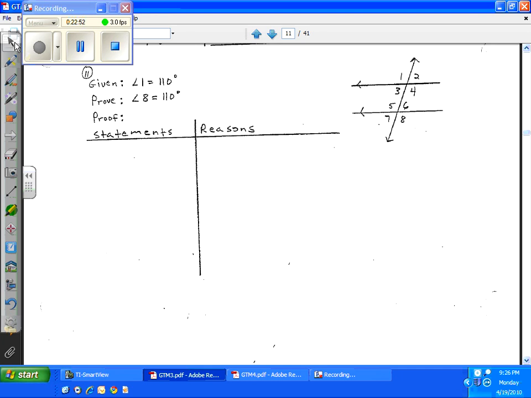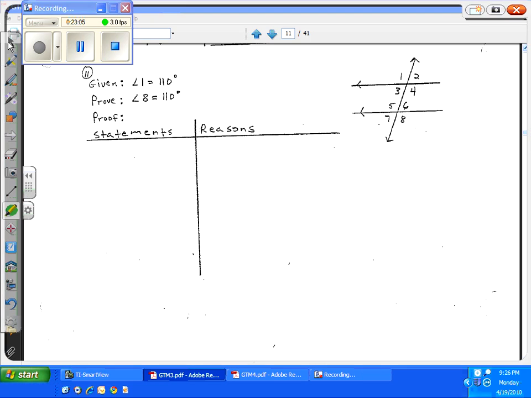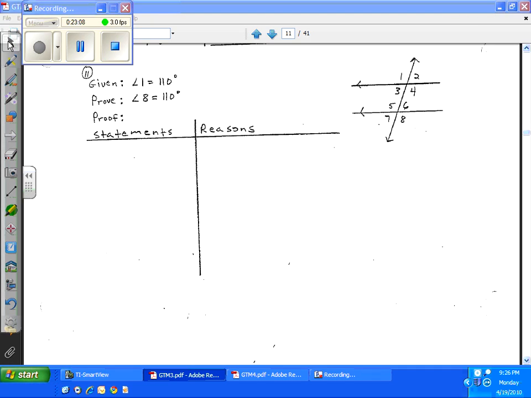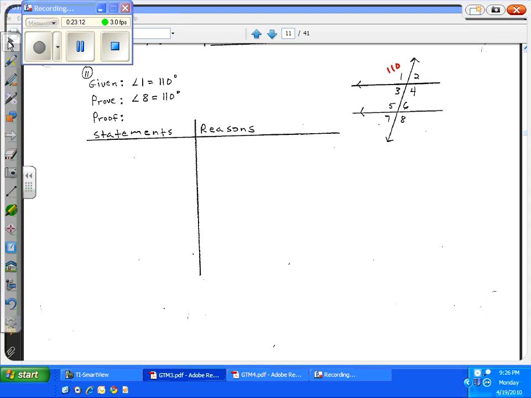So it says angle 1 is 110 degrees. Angle 1 is 110 degrees. And so we're going to come down here to a note section, and we're going to put angle 1 is equal to 110 degrees, reason: given.